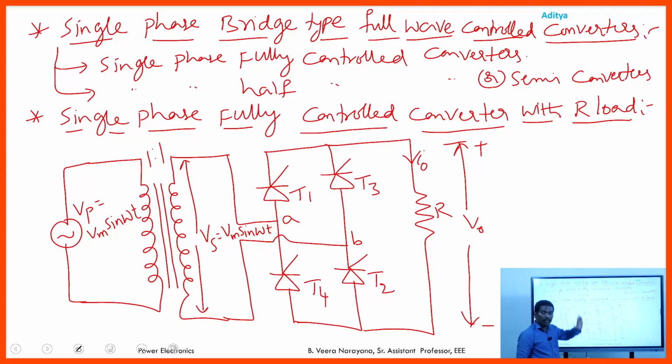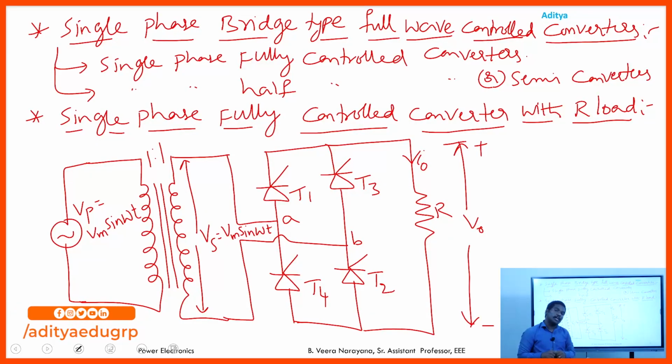The midpoint type converter consists of 2 ideal SCRs and one isolation transformer with a center tapping, and it has several disadvantages: the peak inverse voltage is 2 Vm, hence large rating SCRs are required; the transformer utilization factor is very low; and the design of the isolation transformer is difficult. To overcome these drawbacks, we go through the bridge type fully controlled converters.